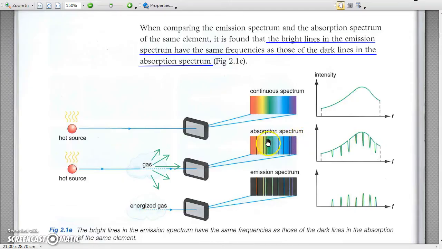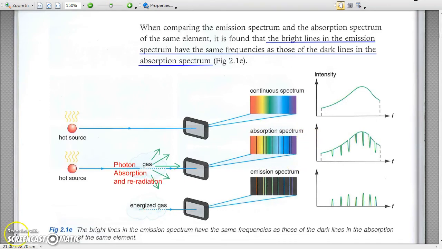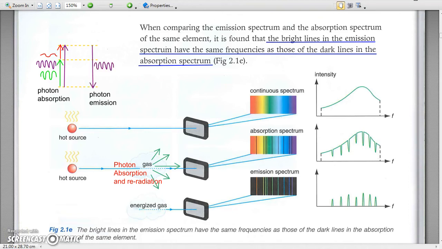Such a spectrum with a continuous colored background but darkened lines is called an absorption line spectrum. This is the result of photoabsorption, followed by irradiation of light by the low-density gas before the light reaches the observer.